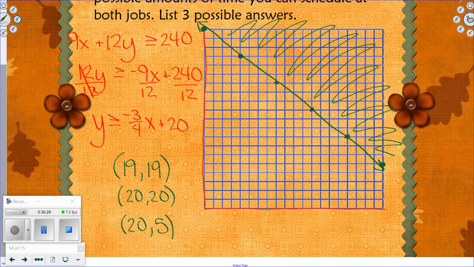If I go 20, 0, that's not going to work. But if I went 25, it's right on the line. 0, 20 would work as well. Yep, 0, 20 would work. If it's on the line, that's going to give you exact. Anything in that shaded area is going to make me more than 240.